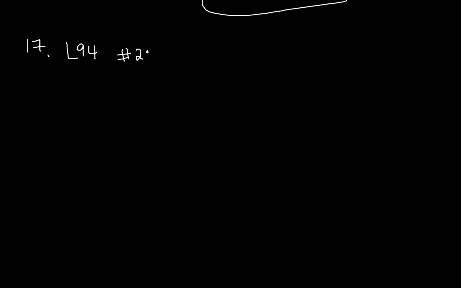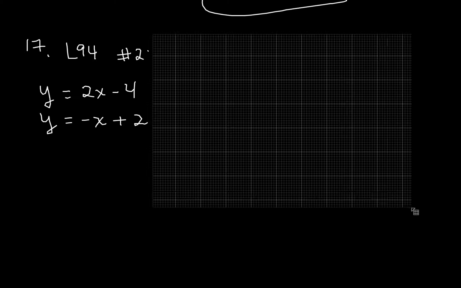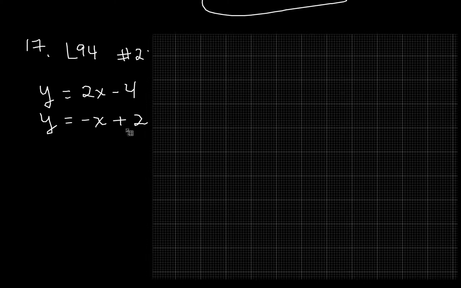And we'll close with this one. So, solve by graphing: y equals 2x minus 4, y equals negative x plus 2. Let's get my graph paper up here and put our axes on.